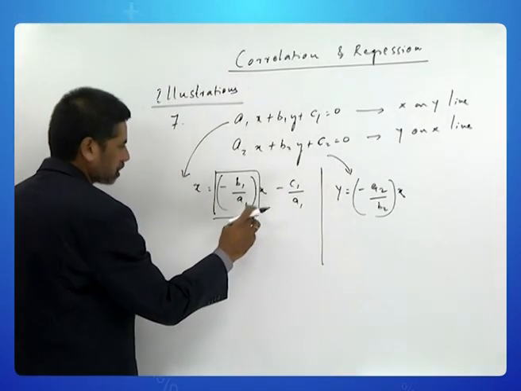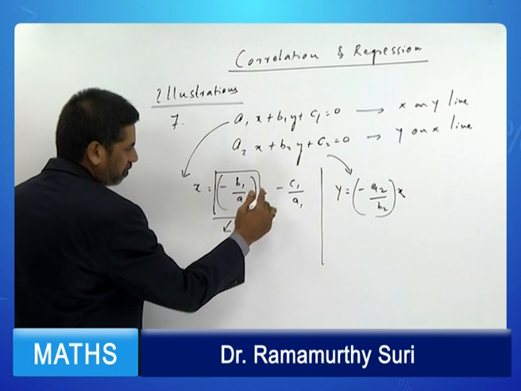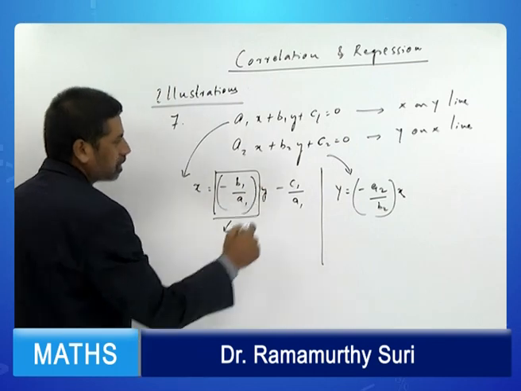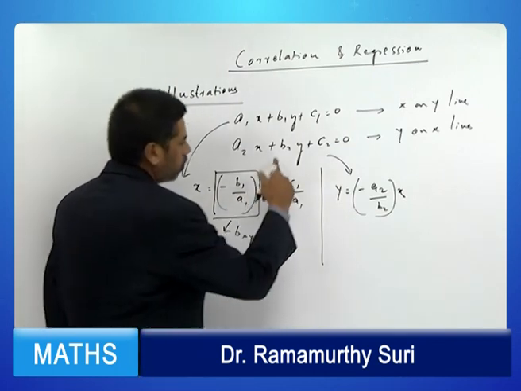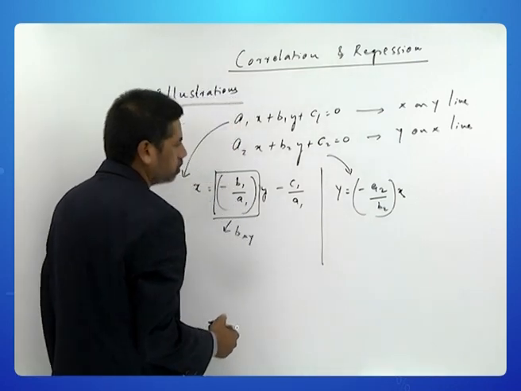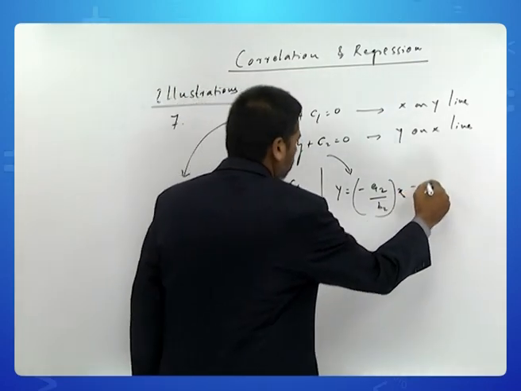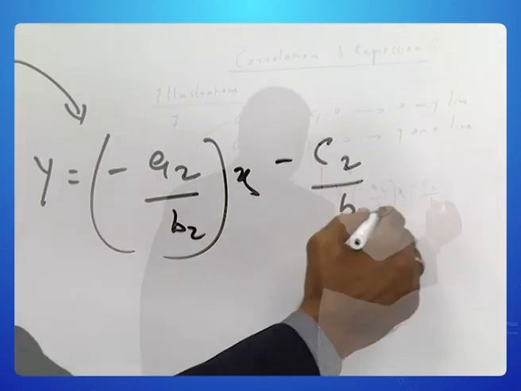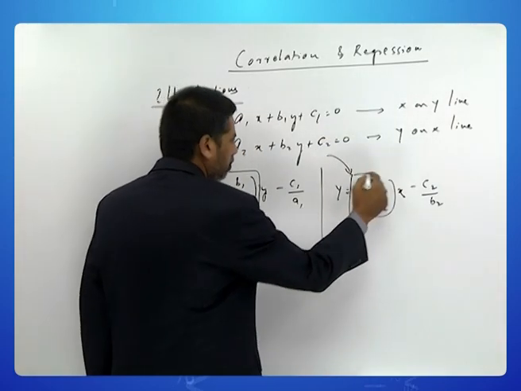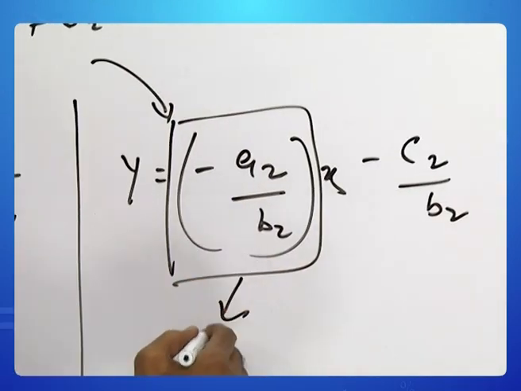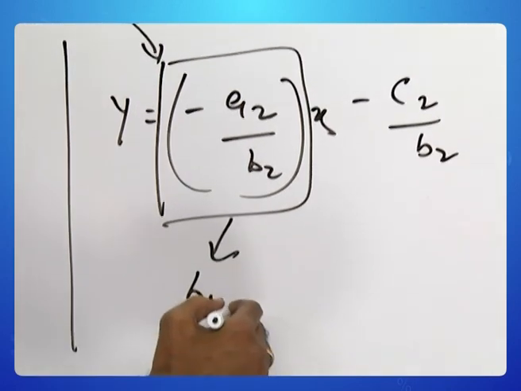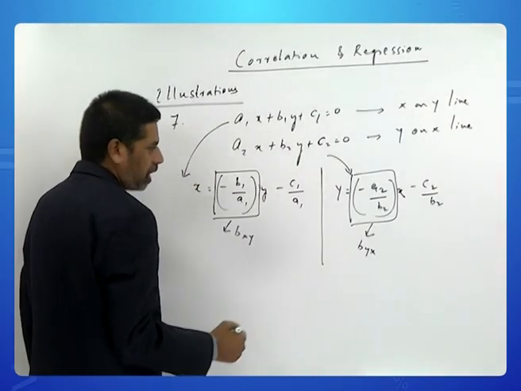Here there is a small correction, x in terms of y, and there y in terms of x. So this quantity stands for byx rather.